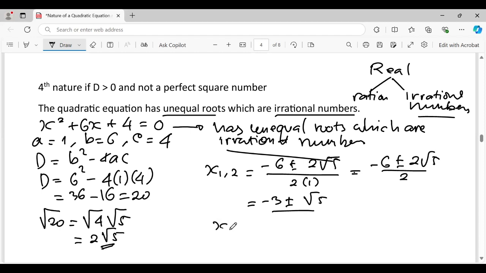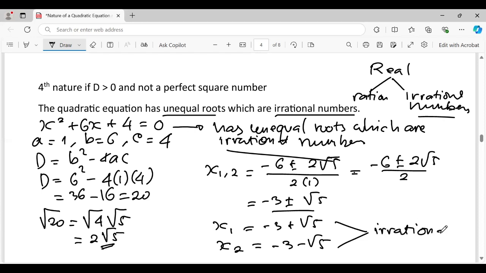So x1 equals minus 3 plus square root 5 and x2 equals minus 3 minus square root 5. This number and this number are irrational numbers.